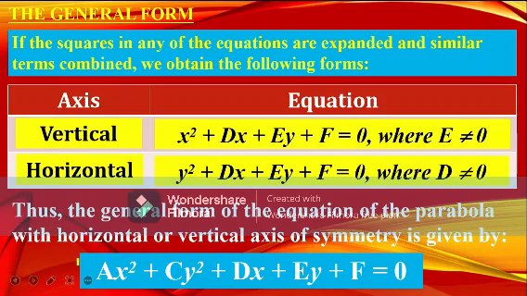So this is actually the combination of these two. That would be ax squared plus cy squared plus dx plus ey plus f equals 0.